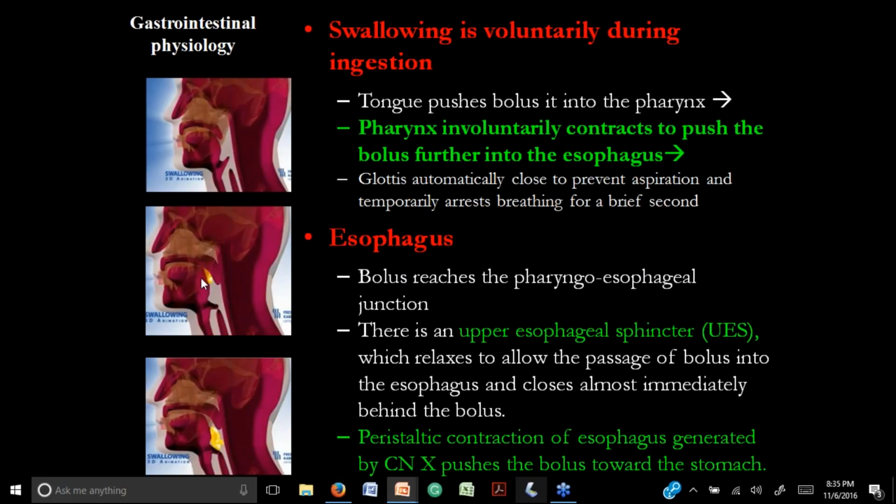When you start to swallow, this is the bolus here in yellow. The uvula, the bell behind the oropharynx, retracts and closes the area so the food cannot go into the nasopharynx.